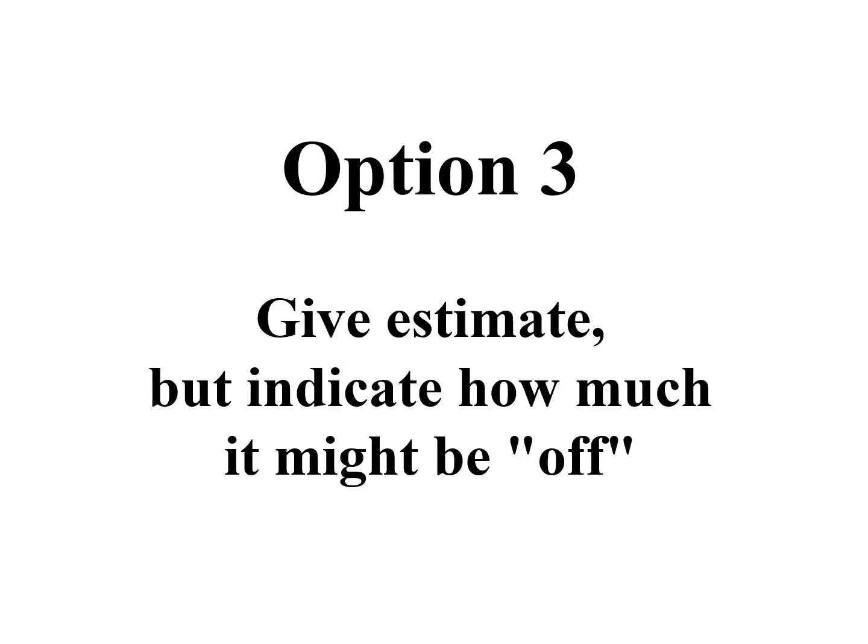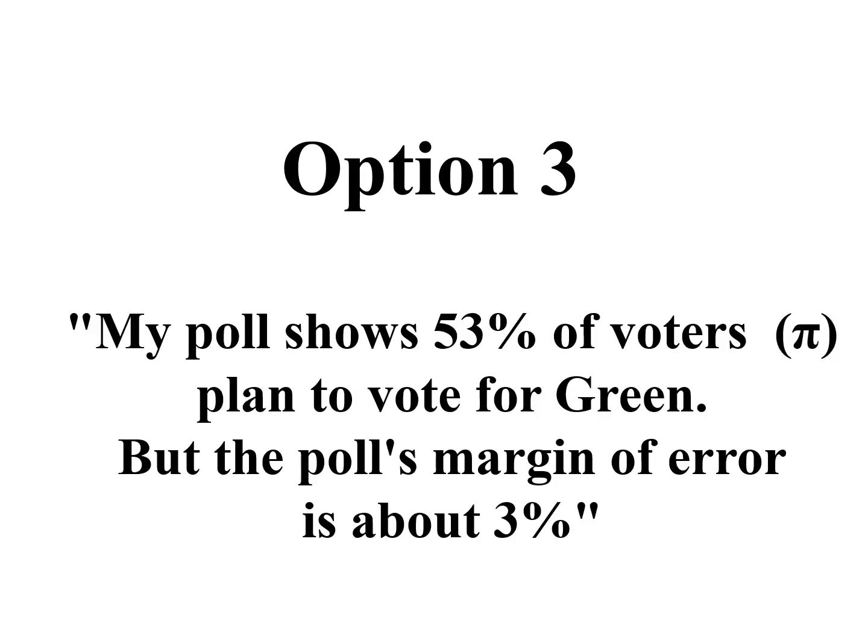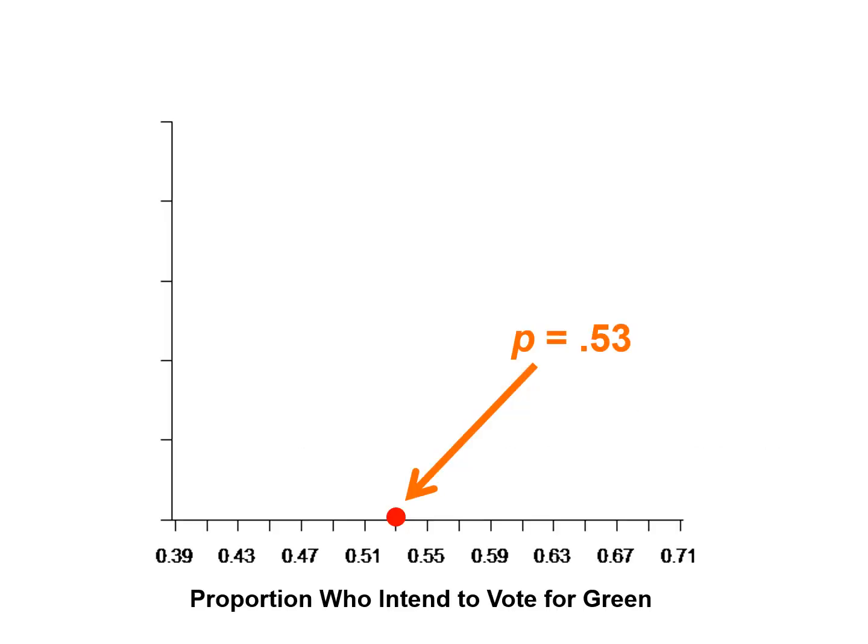Her third option is to provide an estimate, but then indicate how much it might be off. So she might say something like, my poll shows that 53% of voters plan to vote for Green, but the poll's margin of error is about 3%. So what does that mean? Well, we know that when she sampled the 1,000 voters, she found a P value of 0.53.